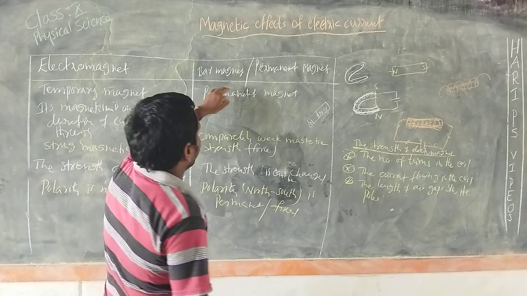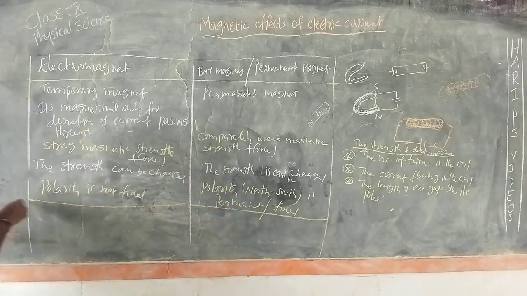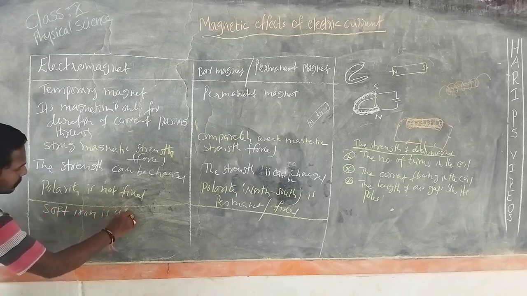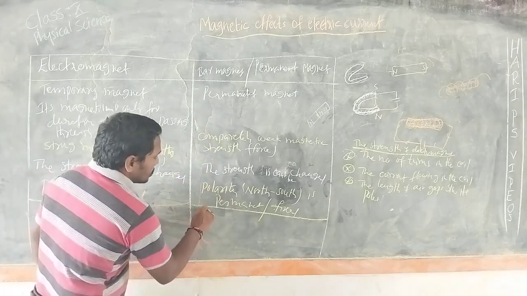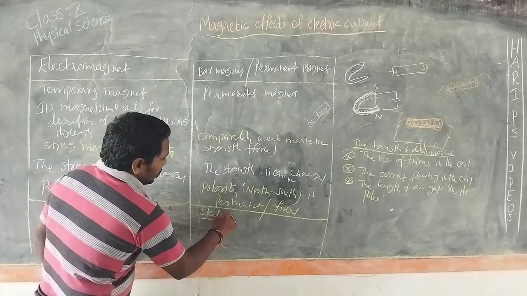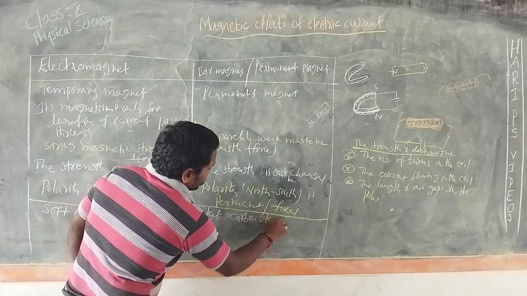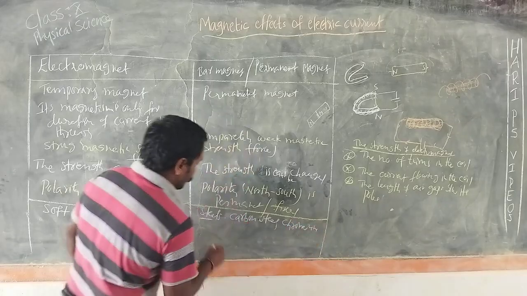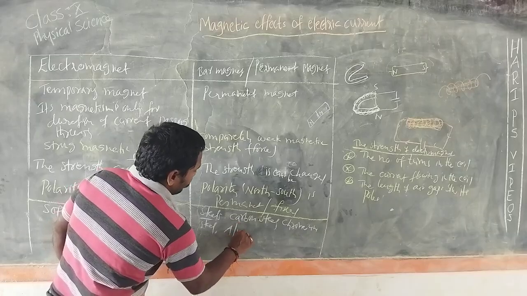So these bar magnets, permanent magnets, are made by steels. In the case of bar magnets, permanent magnets, different steels are used: carbon steel, chromium steel, or alnico.